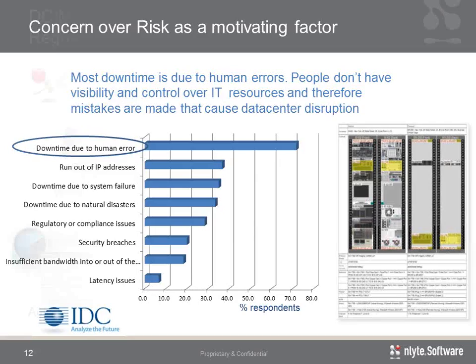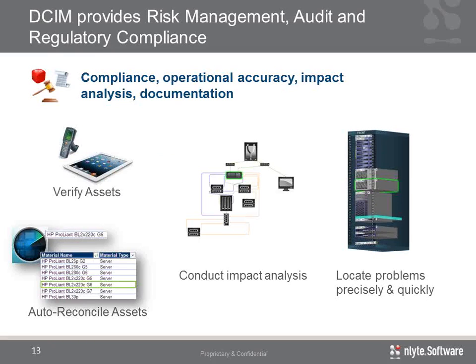One person may use HP ProLiant, another one may just drop the HP and call it ProLiant. Somebody may use the model number, ProLiant DL380. So it could be the exact same asset listed three different ways. That's part of this auto reconciliation and verifying of the assets.